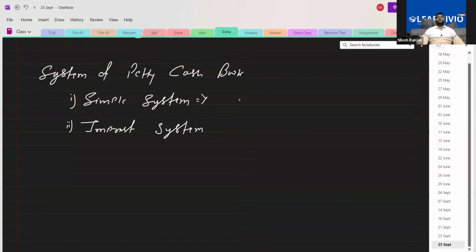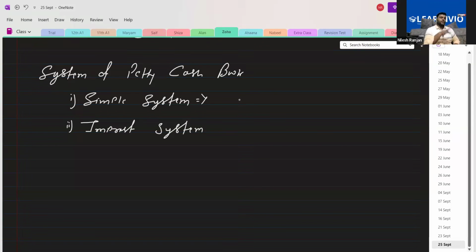Like in the beginning of April, 1st April, the petty cashier received 15,000 rupees from the main cashier. Now he was not able to spend all the amount up to 1st May. Then also he has to submit a report to the main cashier on 1st May saying this is my spending and this is the report, please check it and give me some money.